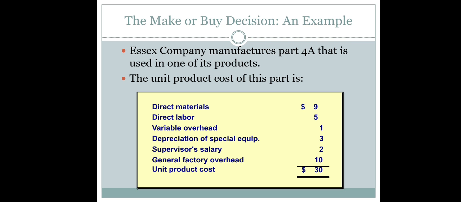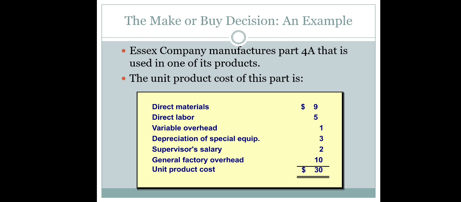If the business makes this component, it has to record the depreciation expense. If the business does not make this component, maybe it still has to record the depreciation expense because the machine is there. Supervisor salary, maybe relevant, maybe not.